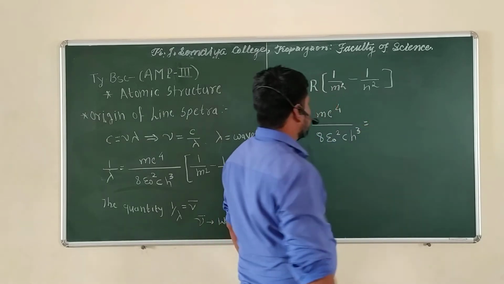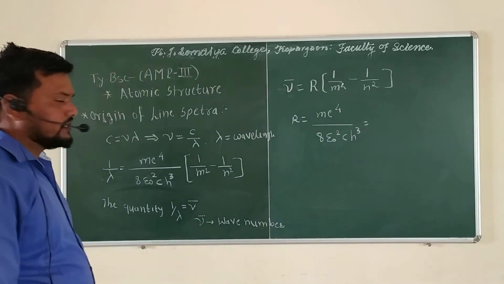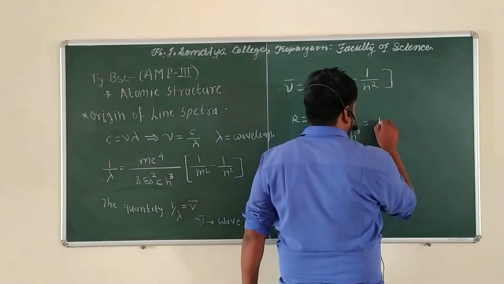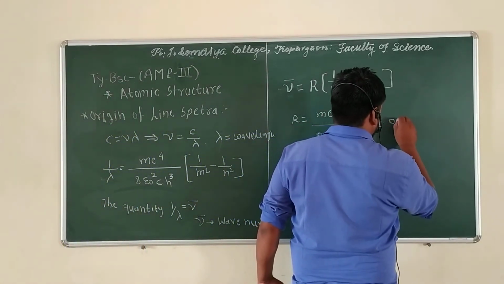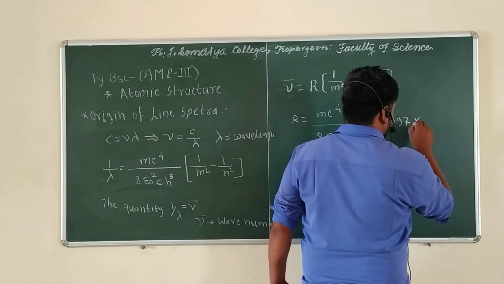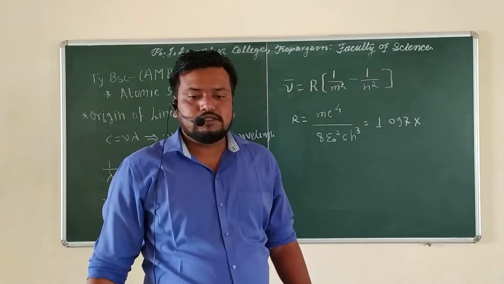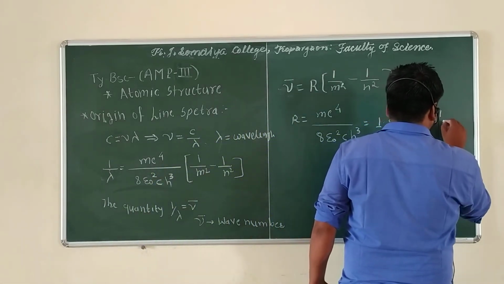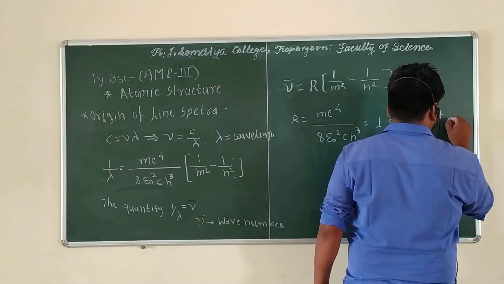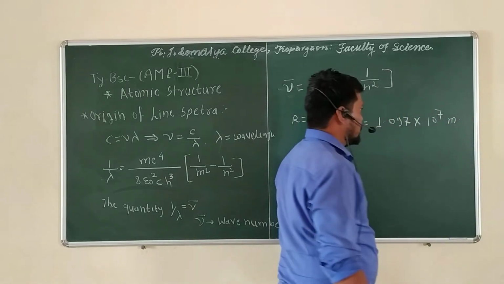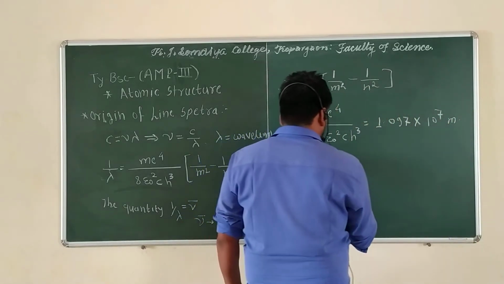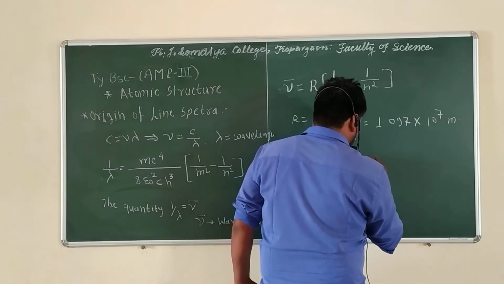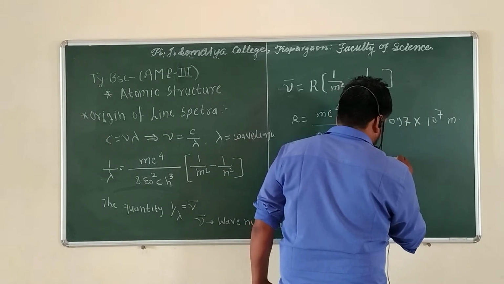Putting all these constant values in this formula, roughly the calculation of this value gives 1.097 into 10 to the power 7 per meter. Okay, and this factor is known as the Rydberg constant.